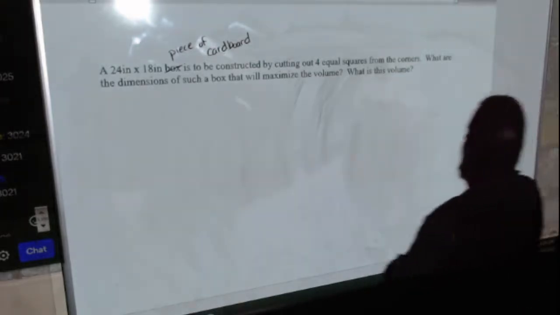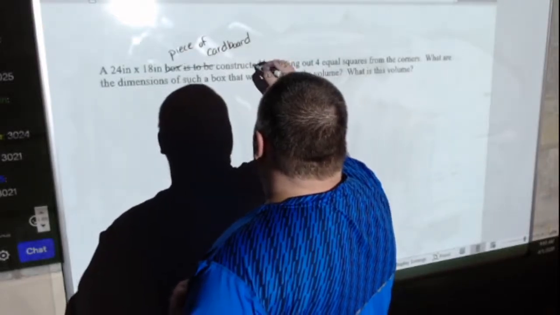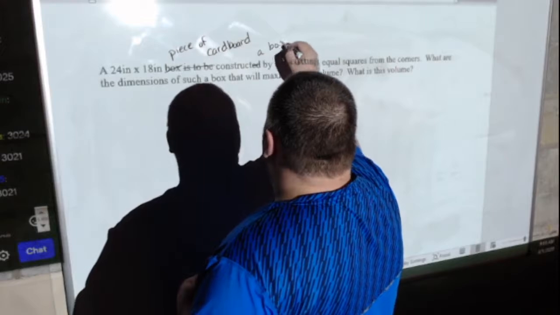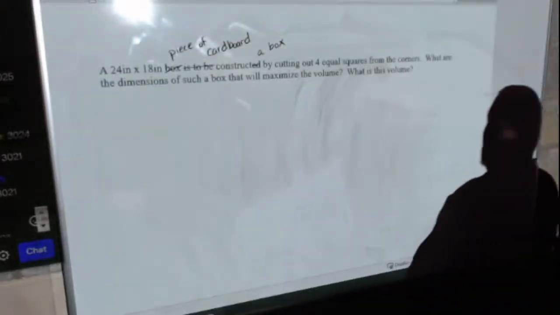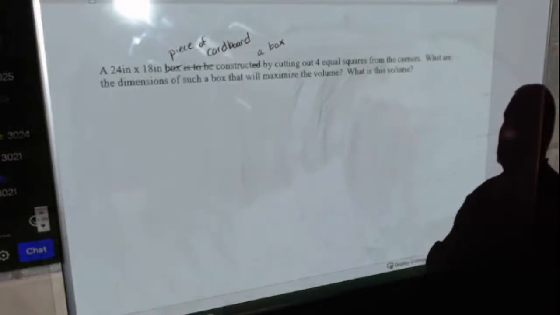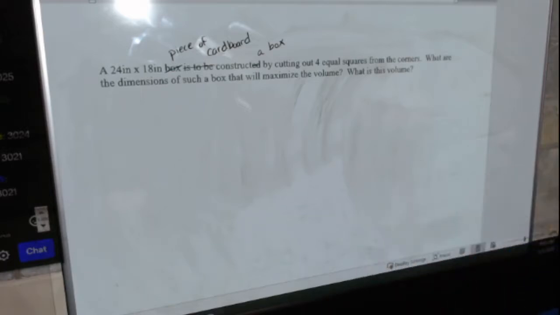And we're trying to construct a box by cutting out 4 equal squares from the corners. What are the dimensions of such a box that will maximize the volume? And what is that volume?